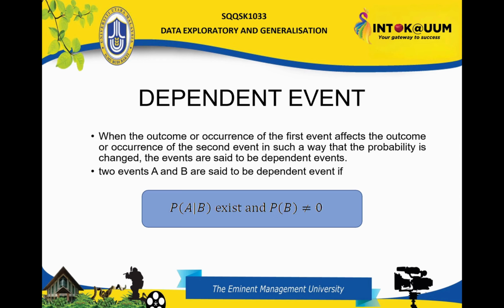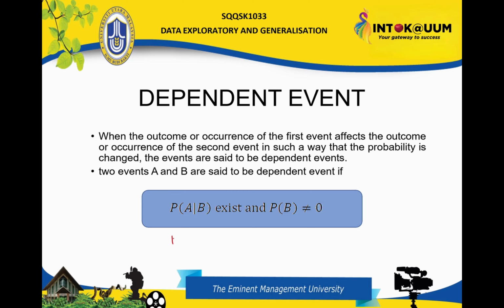Events are dependent when the outcome of one affects the likelihood of the other. For example, drawing two cards without replacement from a deck, where the second draw depends on the first. Also, when we select two balls from a bag without putting the first back, again the second draw's probability changes. In such cases, the probability of both events occurring is this.